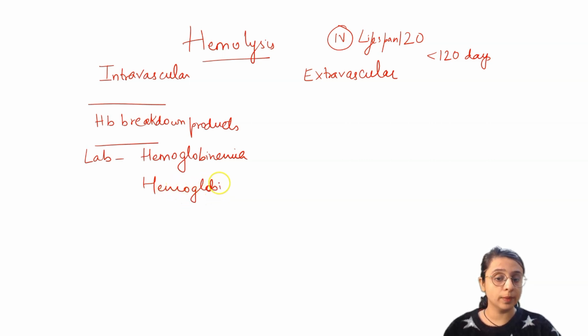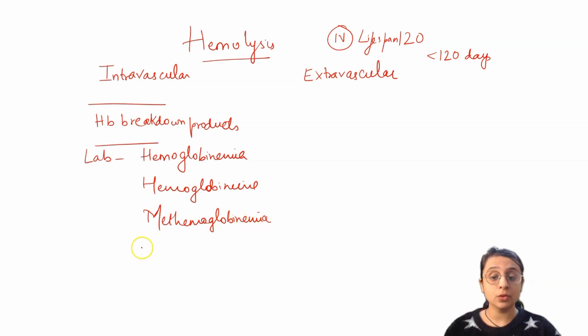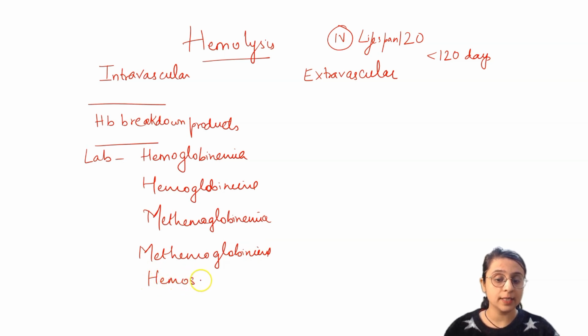Then this hemoglobin will get oxidized to methemoglobin, and that will lead to methemoglobinemia. Then that will be excreted into urine, causing methemoglobinuria. And also it will result in increased concentration of hemosiderin in urine, that is hemosiderinuria. ठीक है, तो ये सब laboratory manifestations है.